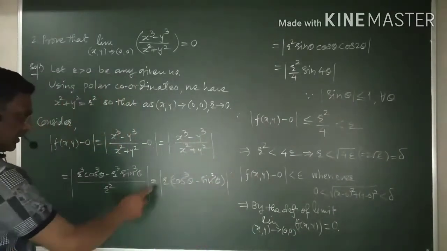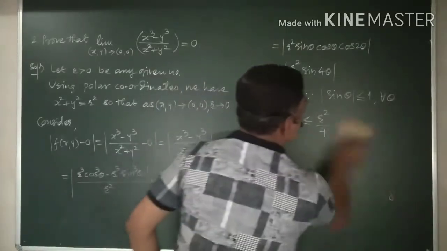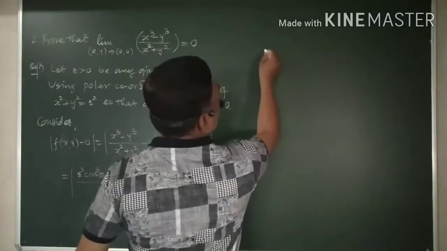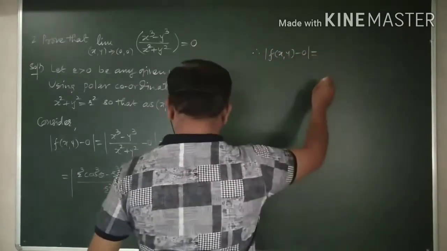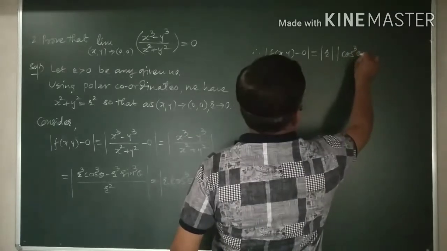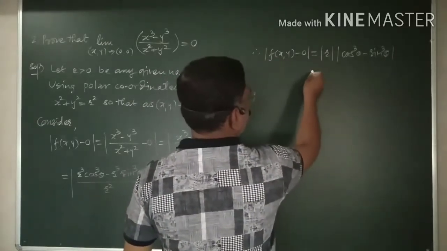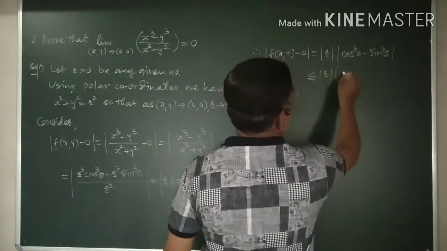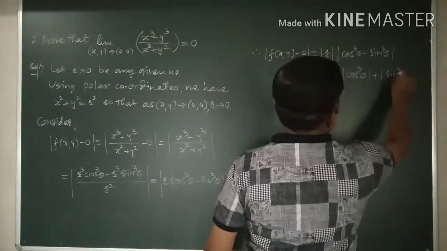Therefore, the absolute value of f(x, y) minus 0 is equal to the absolute value of r into the absolute value of (cos cube theta minus sin cube theta), which is less than or equal to the absolute value of r times (the absolute value of cos cube theta plus the absolute value of sin cube theta).